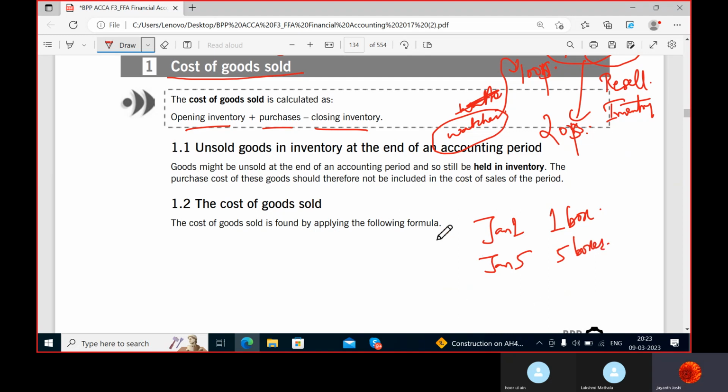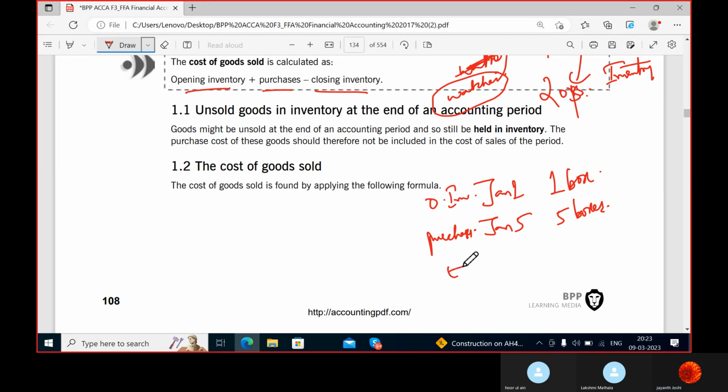Okay. So this is opening inventory. This is purchases minus closing inventory. So again, what is happening here is we have how many boxes right now? 6 boxes.